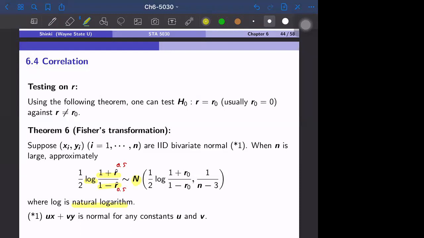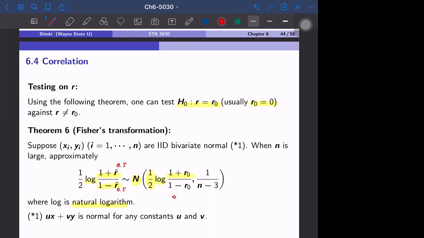The center is 1/2 times log of (1 plus r naught) over (1 minus r naught), where r naught is the true correlation coefficient under the null hypothesis. Usually we set this to 0, so this is actually the log of 1, which becomes 0. Then the variance is 1 over n minus 3.